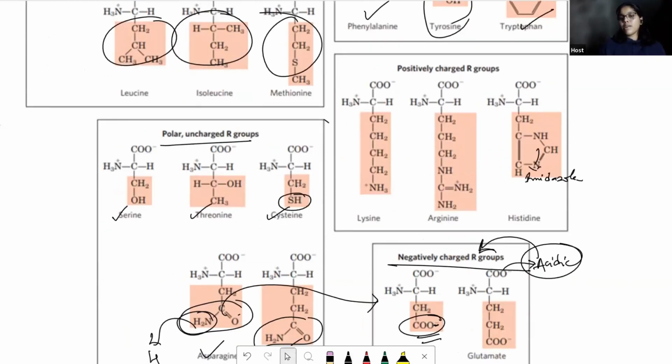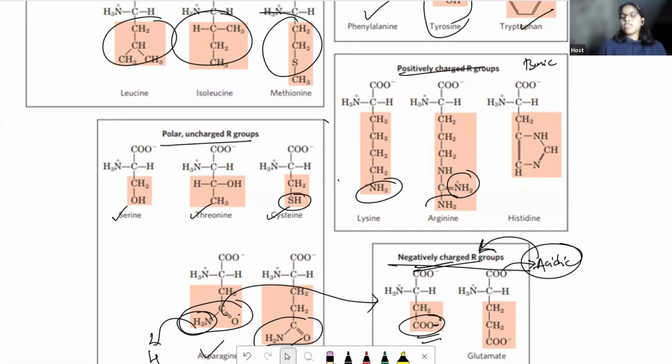That's why the basic amino acids will have the plus group. If it contains NH3, it has the plus group, and if it is acidic, it is negatively charged. So in positively charged and polar, you have lysine, arginine, and histidine.